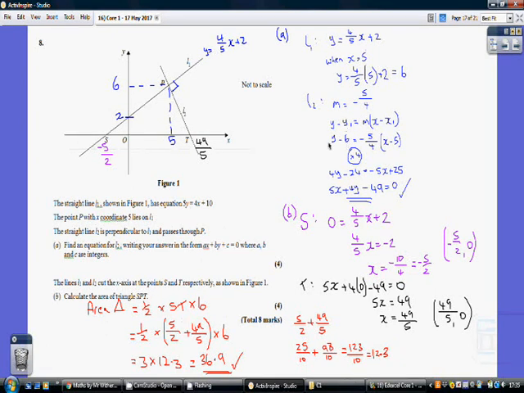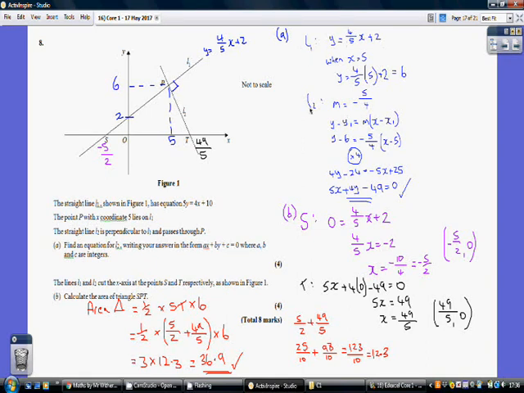So the second thing I'm going to need to know is the gradient of L2. Now, in order to work that out, I'm going to start off by working out the gradient of L1, which I know already because I've turned my L1 equation into y equals mx plus c format. So I already know the gradient of L1 is 4/5. Now, L2 is perpendicular to L1.